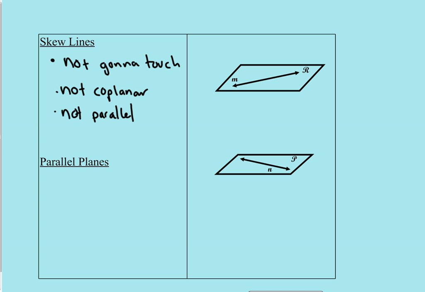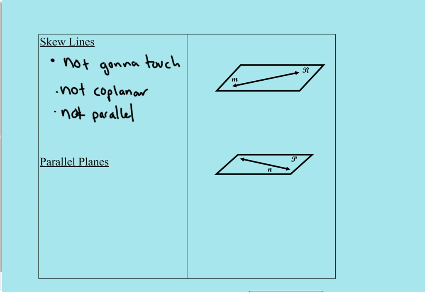If you look at line M and line R, you'll notice they're never going to touch, but even if I try to draw the plane that combined them, you couldn't draw those parallel if you wanted to. So they're not going to touch, they're not coplanar, and they're not parallel. That's the big difference with skew lines.